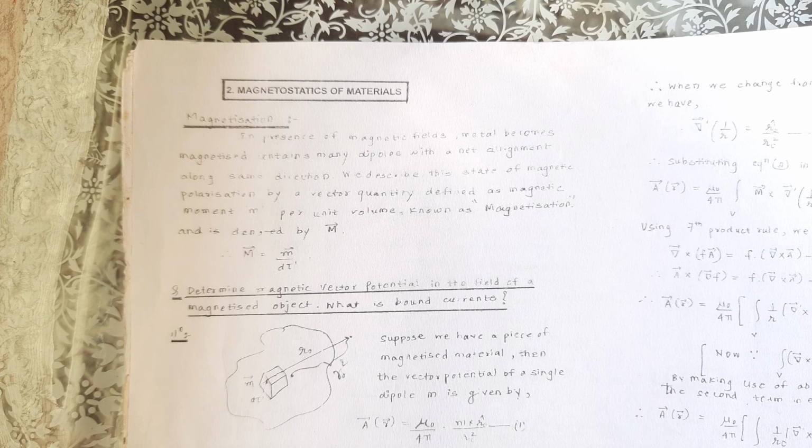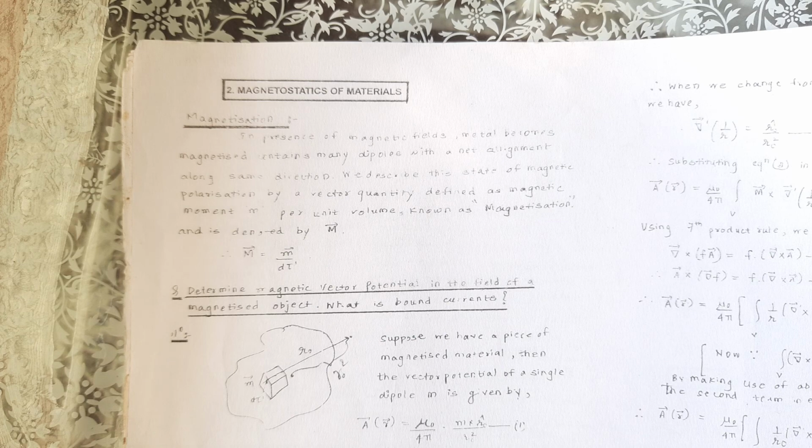So we describe this state of magnetic polarization by a vector quantity defined as magnetic moment per unit volume, known as magnetization, and it is denoted by M bar. M bar is equal to m bar upon d tau dash, that is, magnetic moment per unit volume.